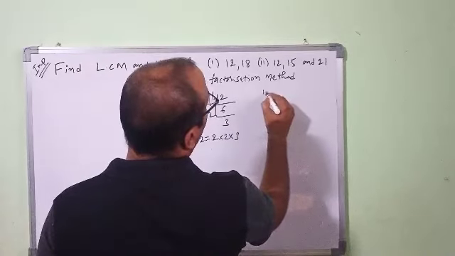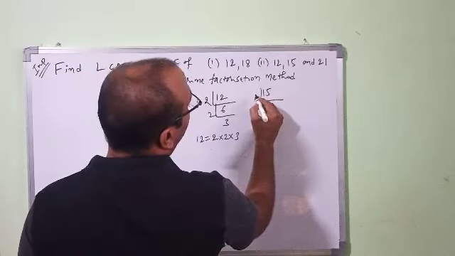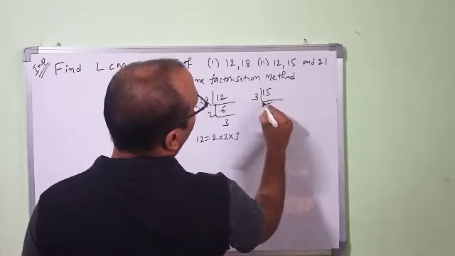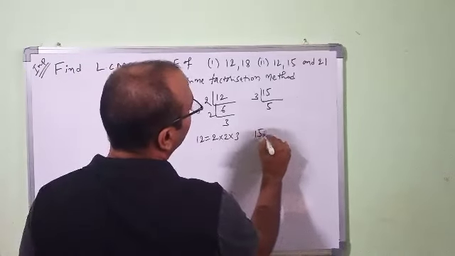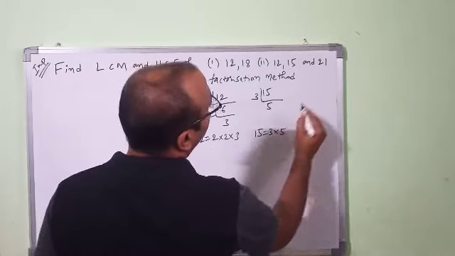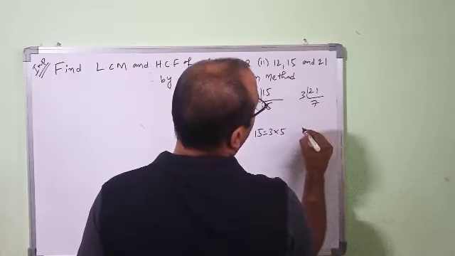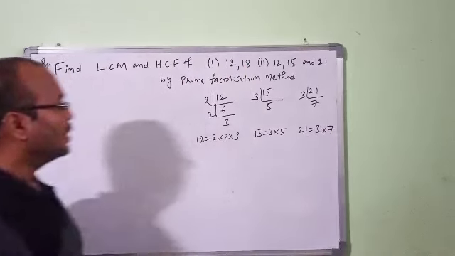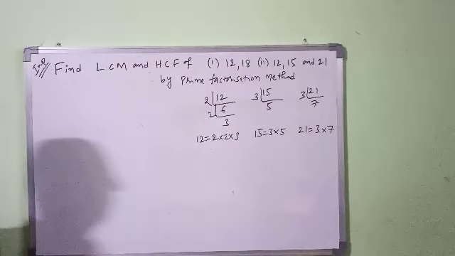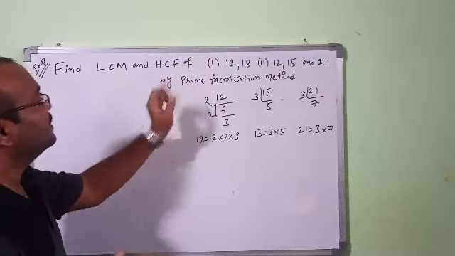In the same manner, 15 is an odd number, so we will not start with 2. We will start with 3. 3 fives are 15, only 2 terms. So 15 can be written as 3 into 5. The last, 21, 3 sevens. So 21 can be written as 3 into 7. This is a very important problem, so I will explain the shortcut to find HCF and LCM here.